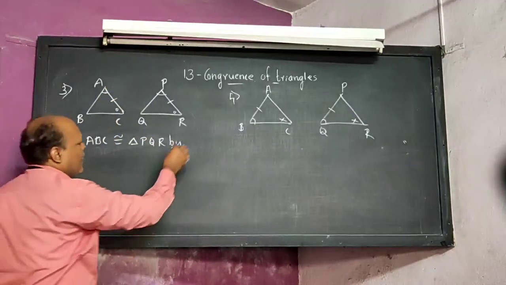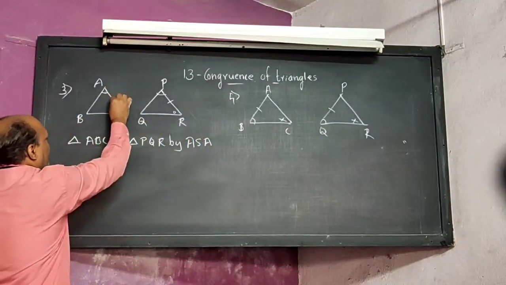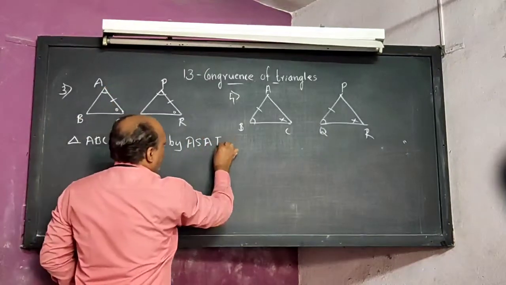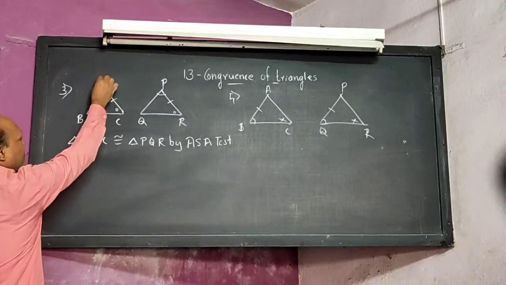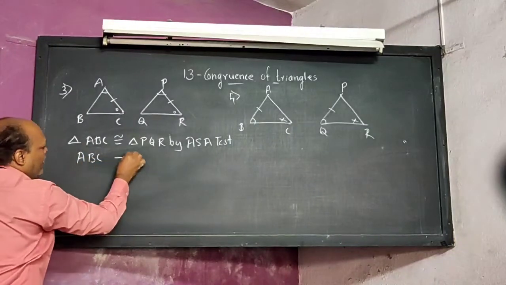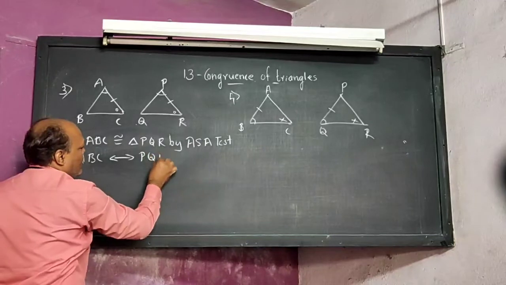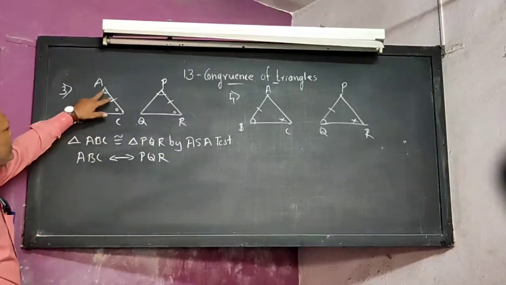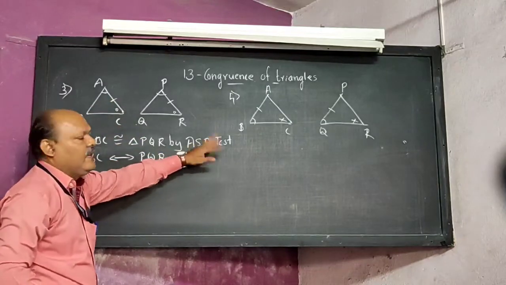That means we say the triangles are congruent by ASA test. Angle side angle. Which test is it? ASA test. Now one-to-one correspondence, we start from ABC. That means ABC one-to-one corresponds to PQR. If between the two angles one side is included, that means it is ASA test.